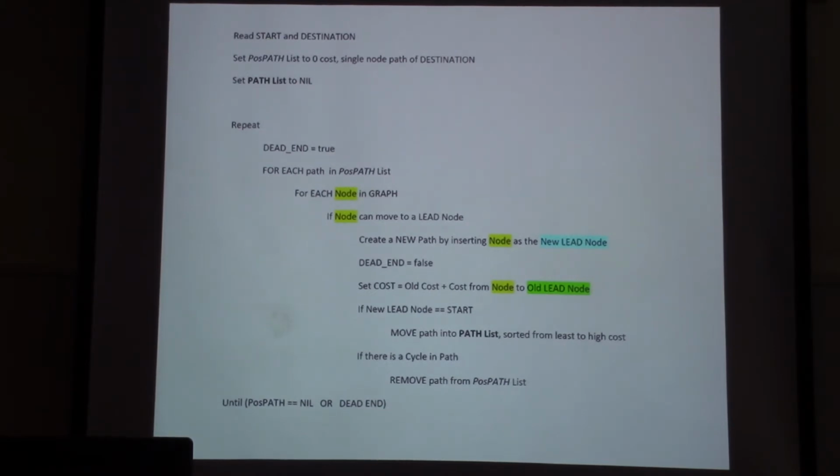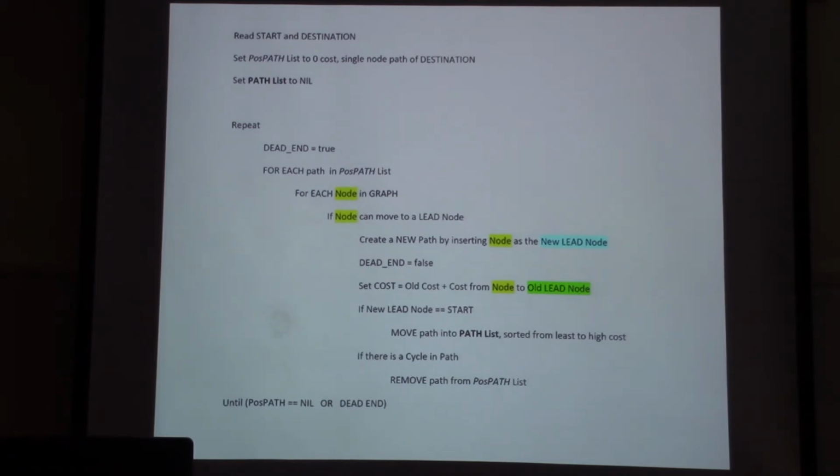A possible path is a path that might get us from start to destination, which means it's not a complete path, but it's still potentially possible. When a possible path becomes not possible, it's taken off the possible path list. When we find an actual path that goes from start to destination, we put it into a path list. But we don't terminate the algorithm because we want to make sure that there are no other cheaper paths. So we want to calculate all the paths.